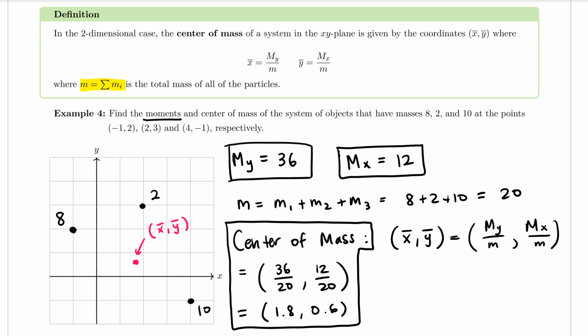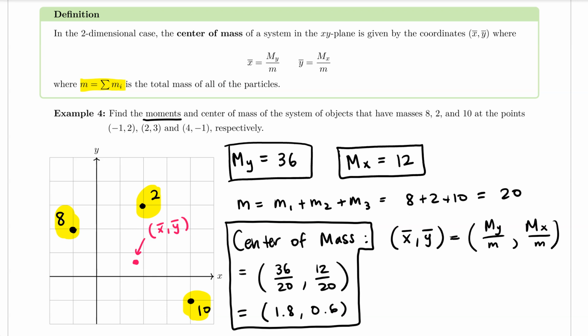So if we thought about the three particles, we could kind of think of this xy plane as a landscape, and maybe these ordered pairs represent different cities, and the masses of these cities would represent the population of the cities.